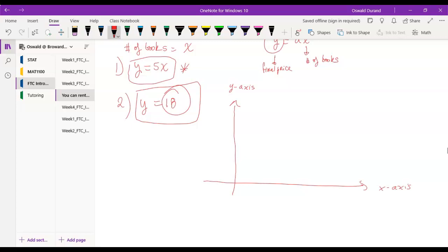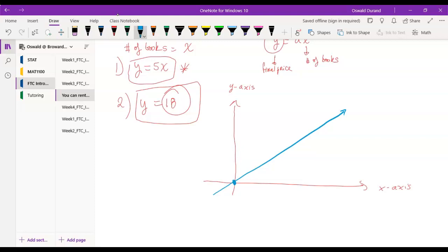If not, then you check your books and you graph it. I'm not going to graph y equals 5x, but it's going to be a linear function, a straight line, slanted. It should go through the origin, I'm sorry, but it should be something like this. I'm assuming this is y equals 5x. I'm just drawing something, but that's how y equals 5x should look.